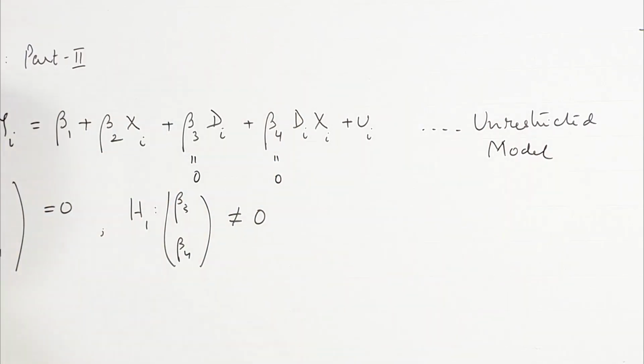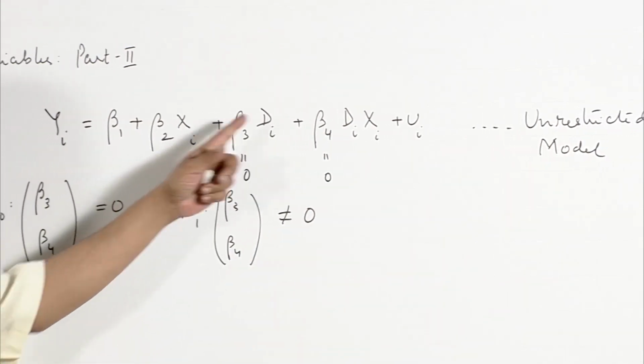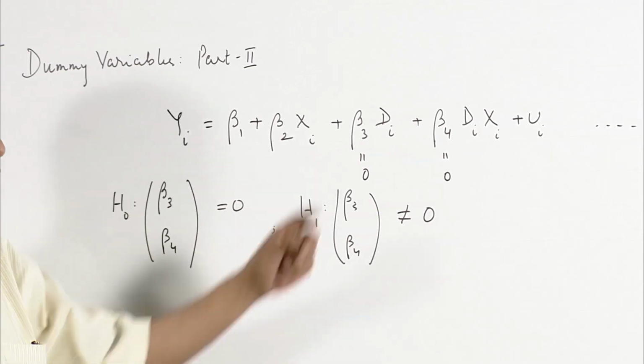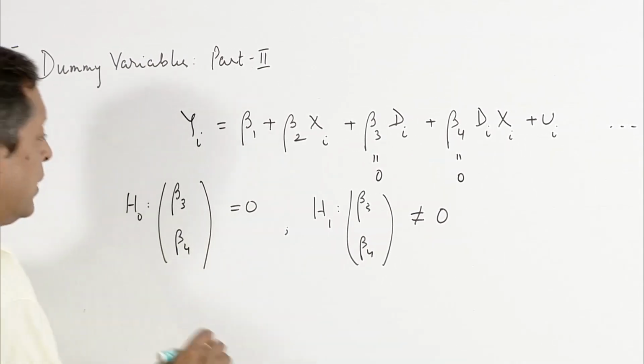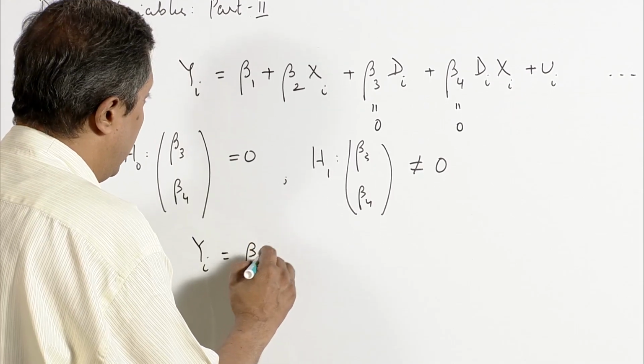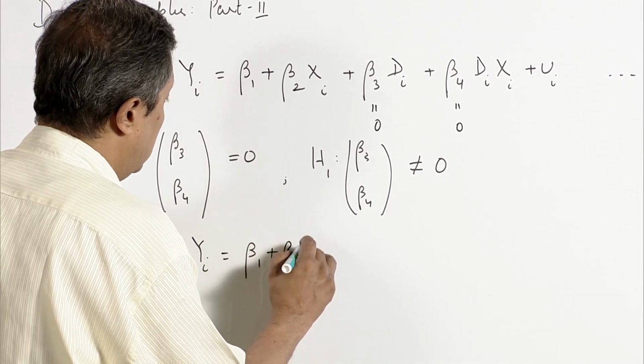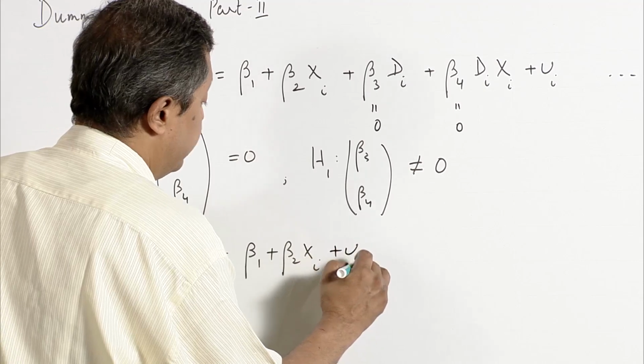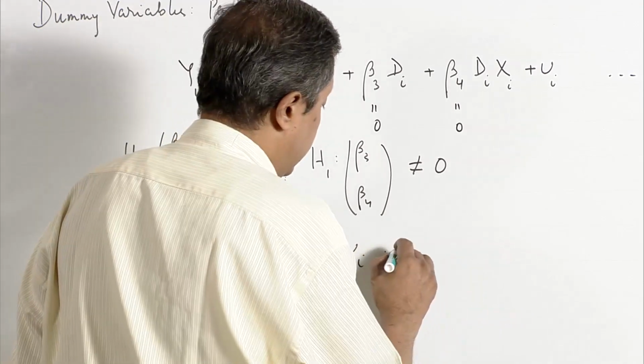Whereas the restricted model, what is the restriction? Beta 3 and beta 4 are 0. So, there are two restrictions. So, the restricted model would be Y i is equal to beta 1 plus beta 2 X i plus u i. So, that is the restricted model.